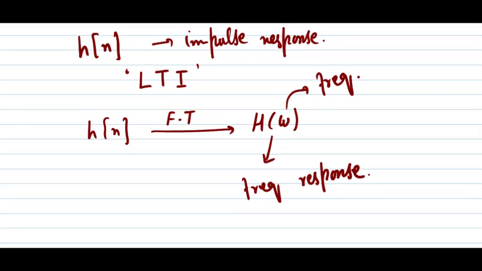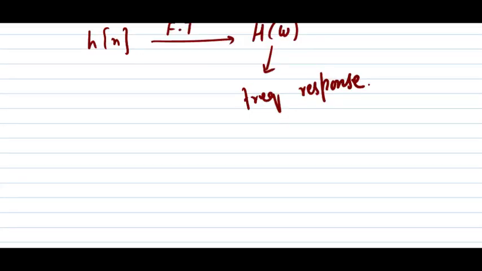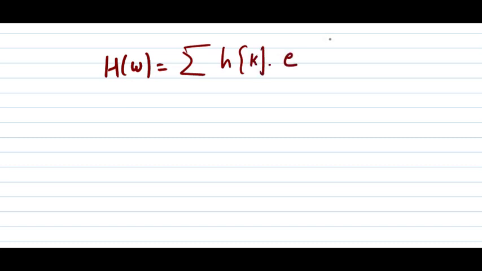Looking at its formula, H of omega is equal to the summation of h of k times e raised to the power minus j omega k, where k ranges from minus infinity to infinity.